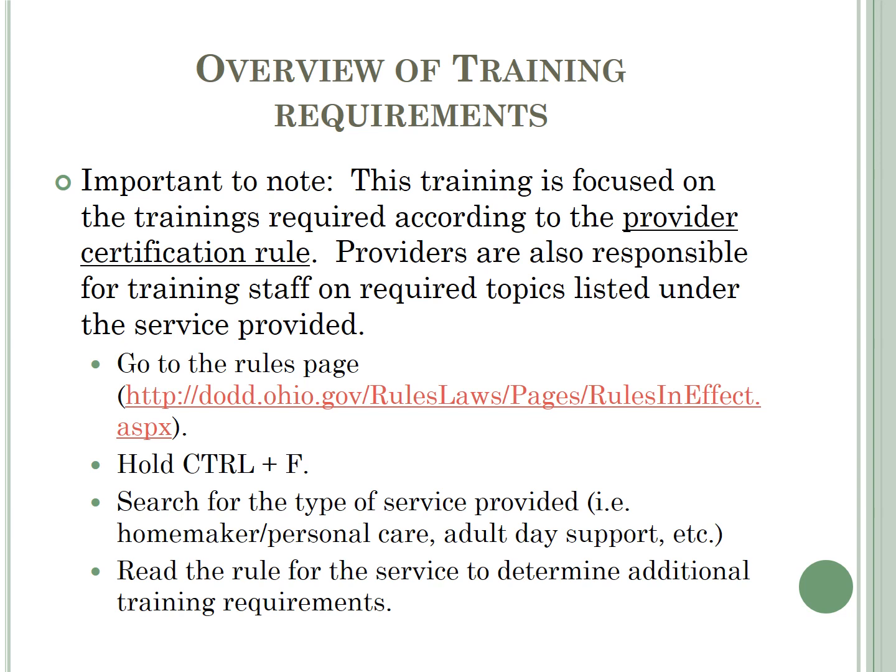So, in order to find out what those training requirements are, you'll want to go to the DoDD rules page. And the way I usually will find it, the easiest, is I'll do Control+F command, and then I'll search for the type of service that I'm looking for. So the most common type of service is homemaker personal care, and then you'll just look under the rule for the type of service that you are providing.